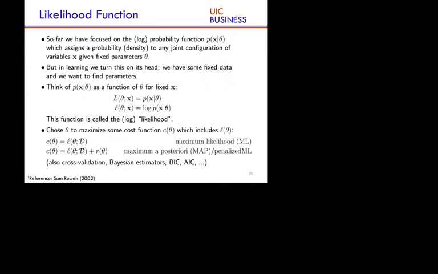So let's look at what the likelihood function is. This at least we have not seen explicitly in this class. You might have seen it in other classes. What we care about is we have fixed data and we want to find parameters. Right now we've just focused on the probability function, which assigns a probability to any joint configuration of variables.